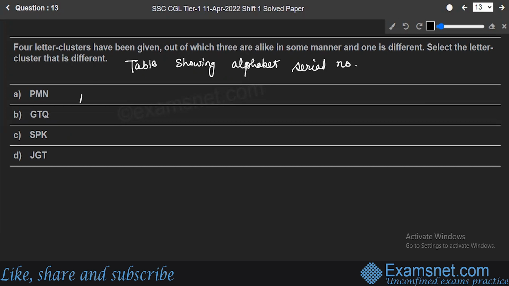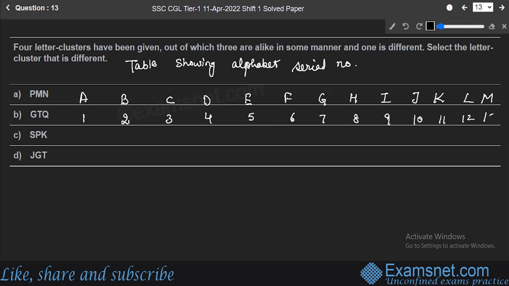So here are the alphabets. This is A, B, C, D, E, F, G, H, I, J, K, L, and M. So let's number them 1, 2, 3, 4, 5, 6, 7, 8, 9, 10, 11, 12, and 13.